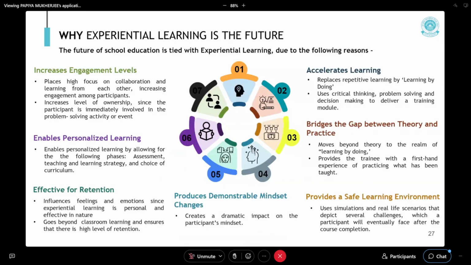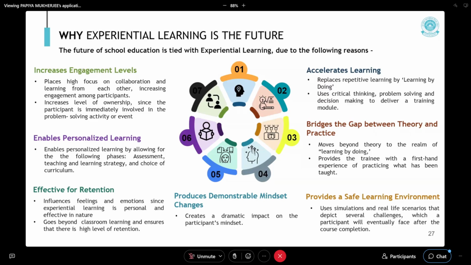Experiential learning is the future. Why do you think experiential learning is going to be the future? Because it increases engagement and accelerates the pace of learning. Students shift from the realm of theory to the realm of learning by doing.